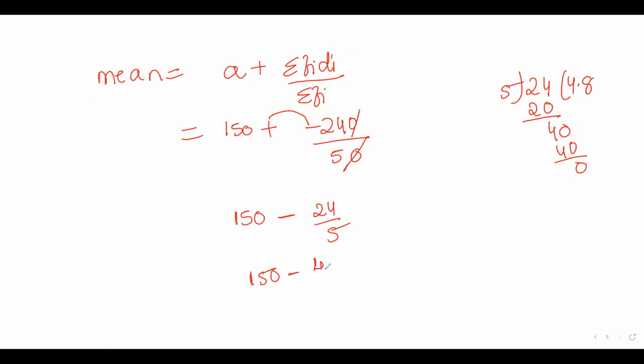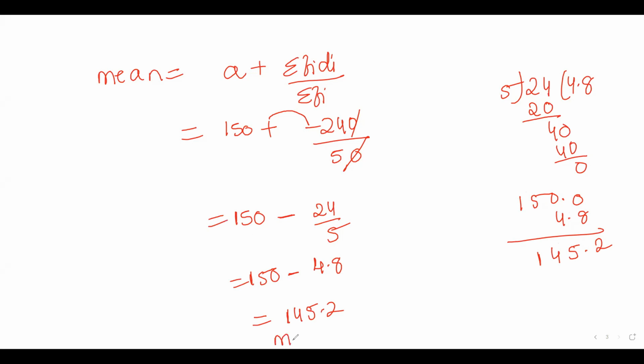So 150 minus 4.8. Let us subtract. 10 minus 8 is 2. 9 minus 4 is 5. 4 1. So your answer is 145.2. Did we get the same answer with the direct method also?